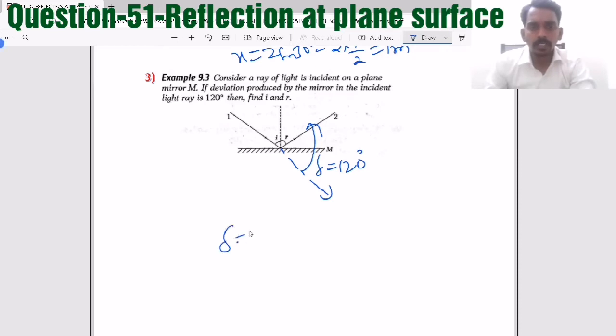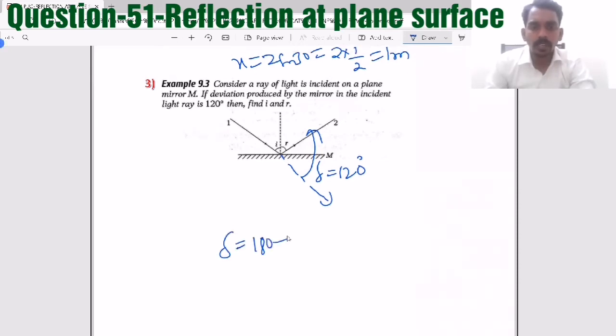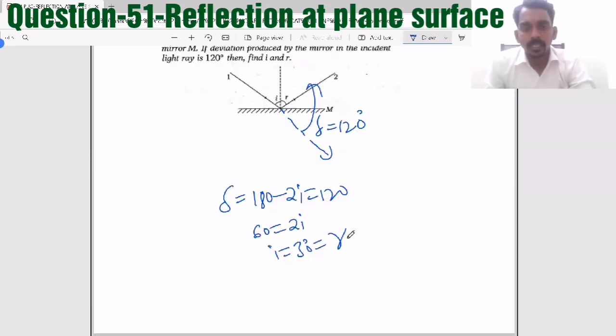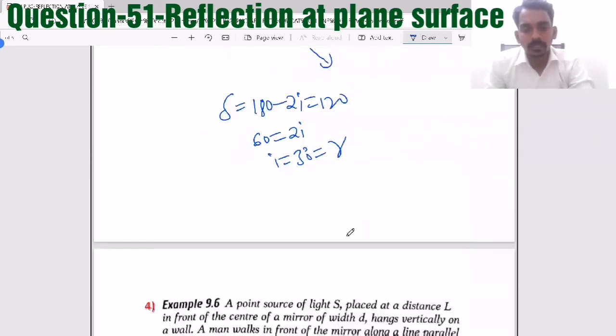So here the deviation formula is 180 minus 2i, that is 120. So 60 equals 2i. So i equals 30 degrees, which is also equal to the angle of reflection. According to the laws of reflection, the angle of incidence must always equal the angle of reflection. See, as I said, simple geometry is always needed.